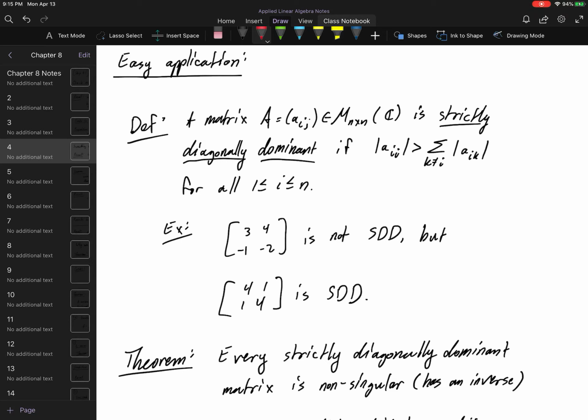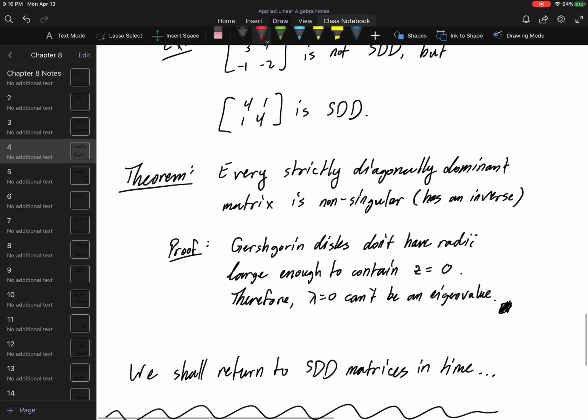So the diagonal is definitely the tallest kid on the block. Like, it's bigger than all the other kids stacked on top of each other. So [3, 4; -1, -2] is not strictly diagonally dominant, but the original matrix we started with in the previous video, [4, 1; 1, 4], is strictly diagonally dominant.